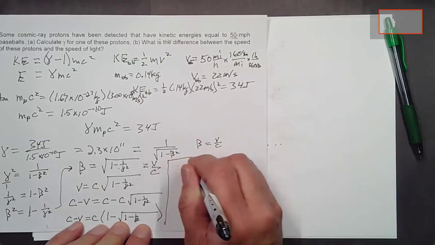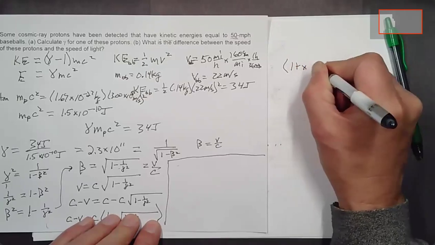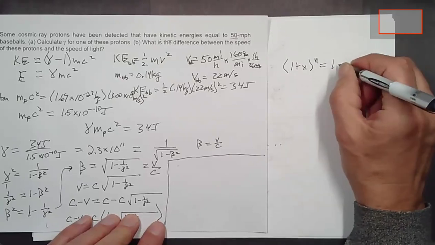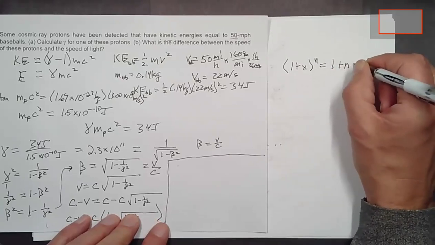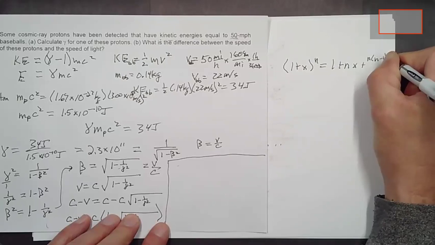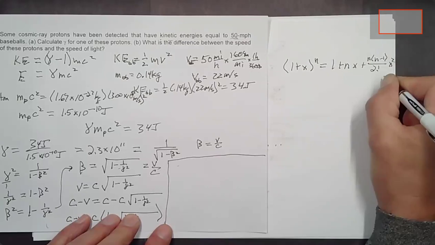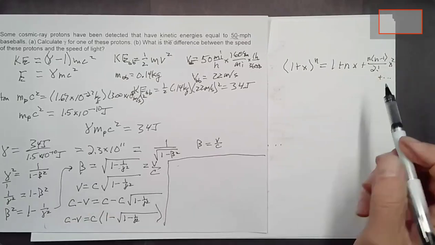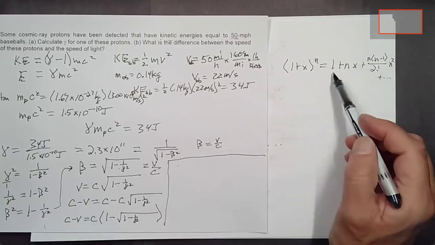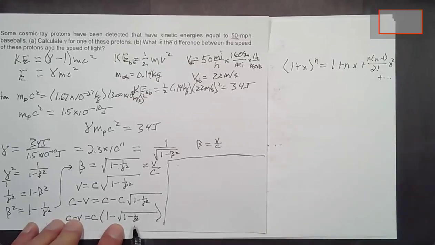Remember that (1 plus x) to the n is equal to 1 plus nx plus n times (n minus 1) over 2 factorial times x squared plus other terms in the series. And we're going to end up throwing this term away anyway. But see, it'll be this 1 plus nx, and we've got 1 minus this series.